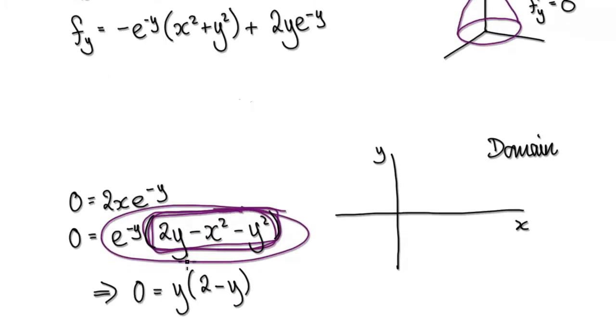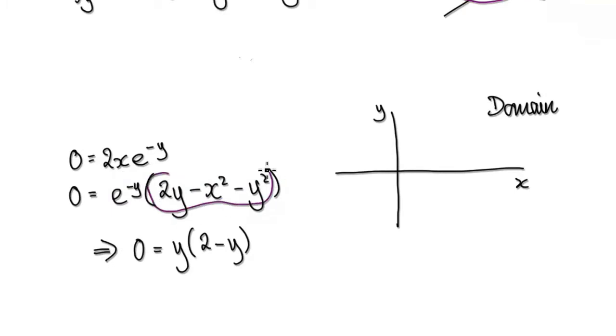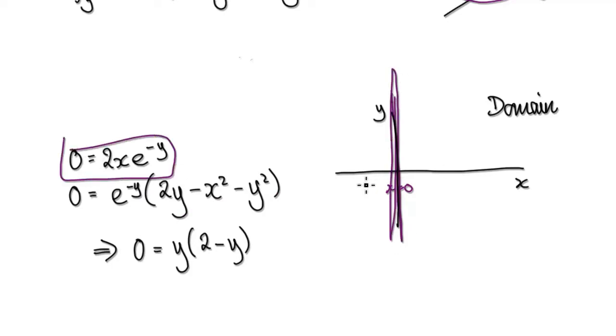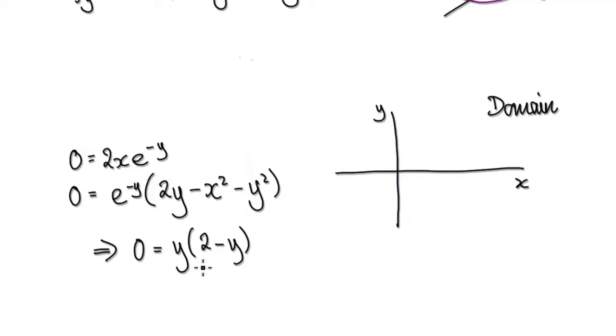Concentrating on making this 0, also remember that we know x must be 0 because it has to lie on this line because of this bit here. So we can put 0 into the x. This thing here will then become this. Now you can see that y must be 0 or y must be 2.